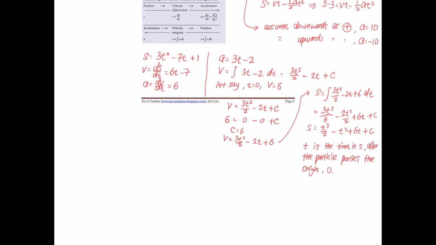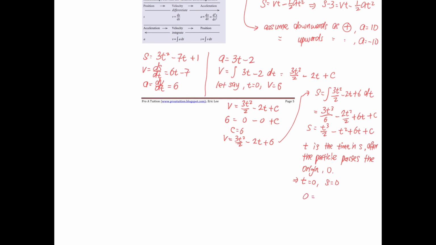So that means at t equal to 0, your s is 0. Okay, your s is 0. We start counting the time when the particle reaches the origin. Okay, so it means that, and we use this to find c. So we substitute this into the previous equation.